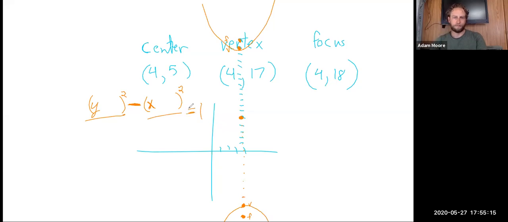The center is at 4, 5, so we can make that work. But be careful. The 5 is the y part, that 4 is the x part. Remember, I messed that up earlier. So the y goes with the 5, so it's y minus 5 and x minus 4, both being squared.